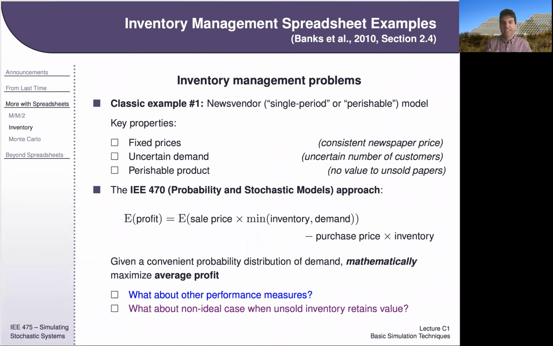So if it's not a newspaper, but it's kind of like a newspaper, then maybe it's not totally perishable. Maybe at the end of the day, the unsold inventory can be resold at a lower price to a different market. So that's something that is not currently captured in this simple mathematical model.